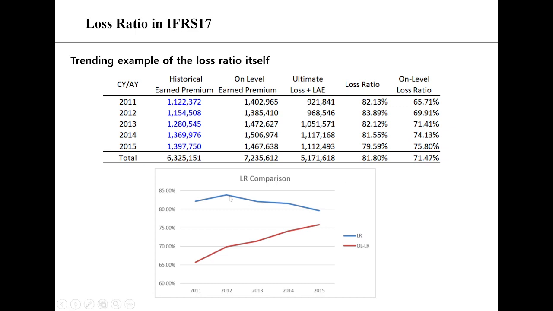And here, in IFRS 17, if you try to use the loss ratio, even though the premium level is different, it should look like this. You don't apply on-leveling against the historical data. Whatever many years back, what is the loss ratio over there?